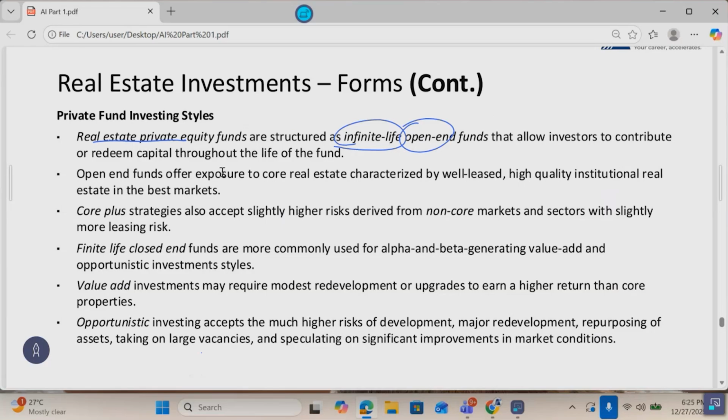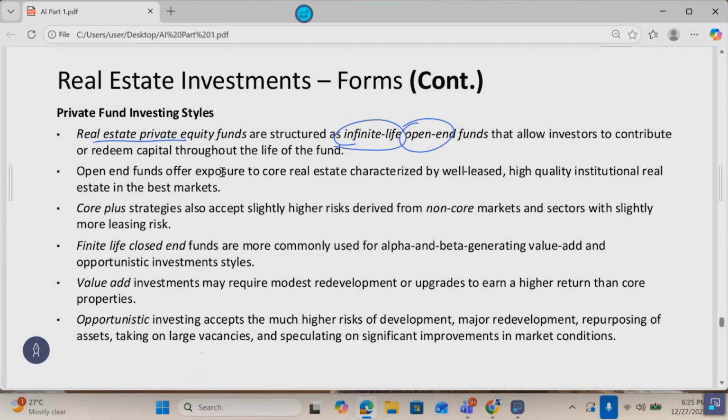Open is where people can come and invest whenever they want and they can leave also when they want. So a real estate private equity fund is a real estate based equity fund which is private, not public equity. These funds allow people to come and go, but privately, not through the stock exchange. And the life is infinite because it's real estate.